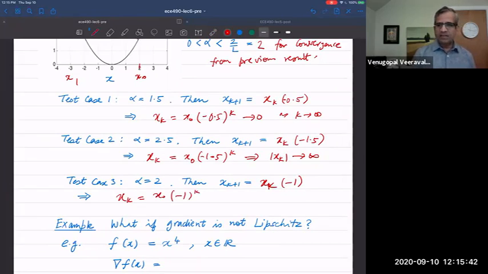So you're oscillating between minus x0 and plus x0. Unless x0 happens to be 0, you're not going to converge to the minimum.